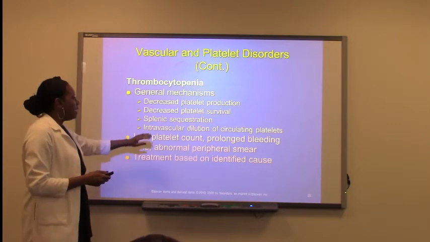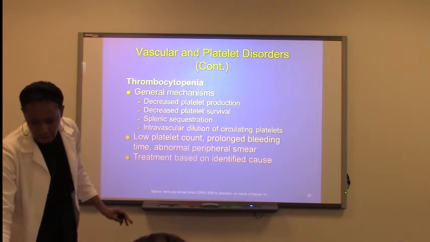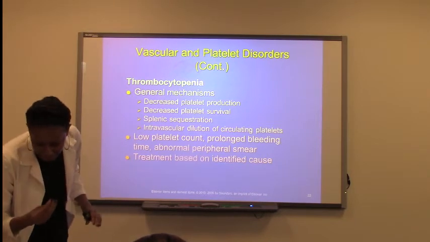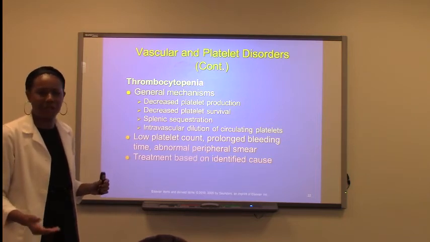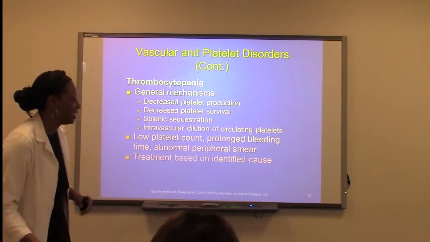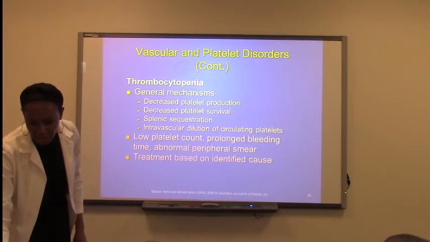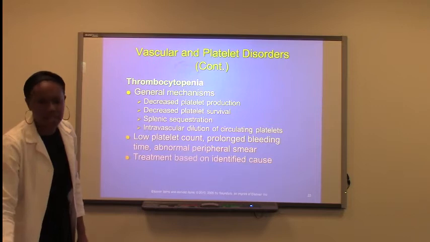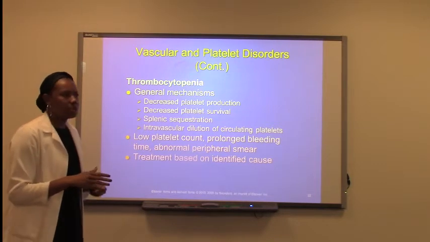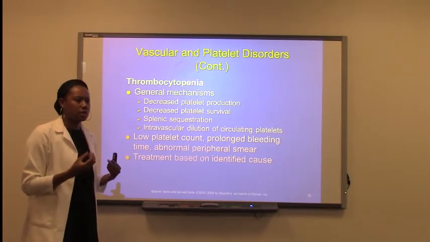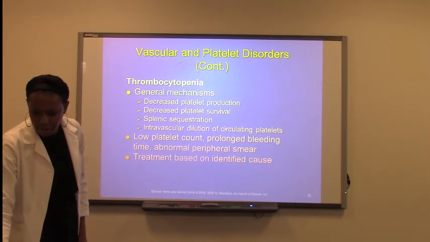Splenic sequestration. Sequestration, I can't get that out. You know what I mean. Sorry. That means pooling. Just to let you know, it just means pooling. What this means is the spleen just gets filled with blood, and the spleen will actually be large and tender to the touch, and filled with blood.